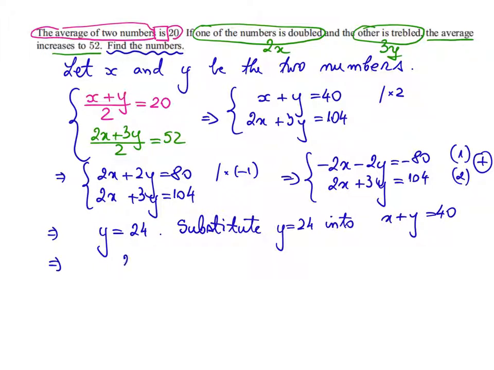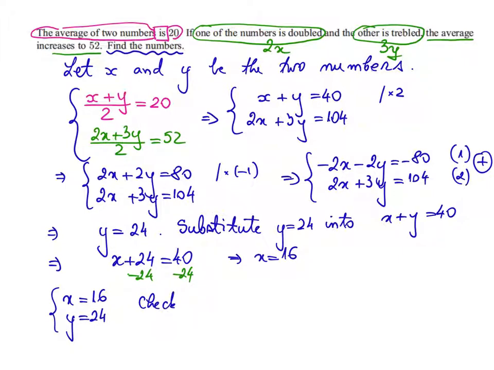If I substitute, I get x plus 24 equals 40. Subtract 24 from both sides. Therefore, x equals 16. So my solutions are x equals 16, y equals 24.